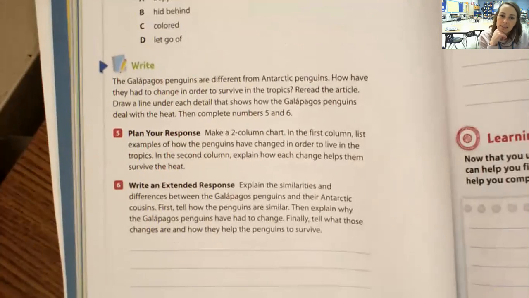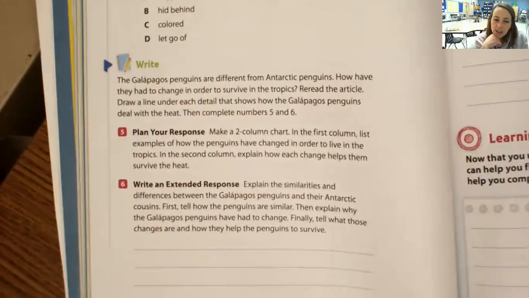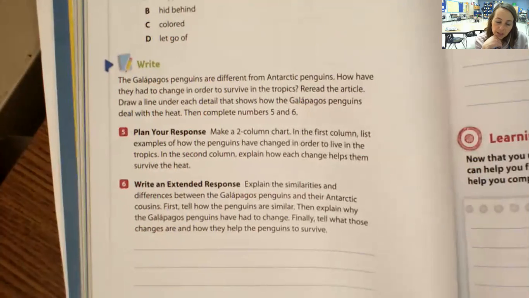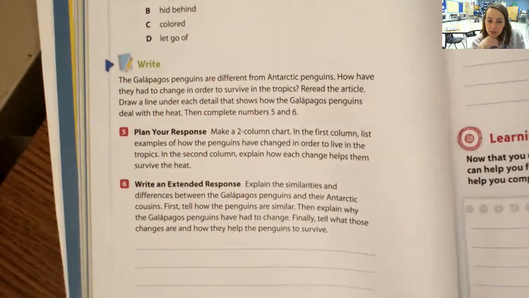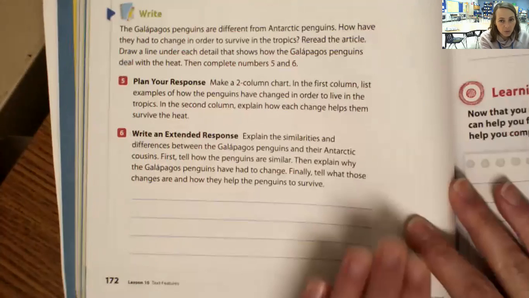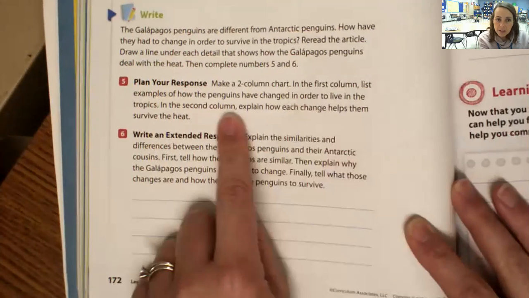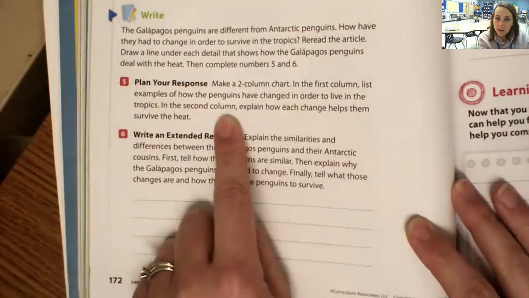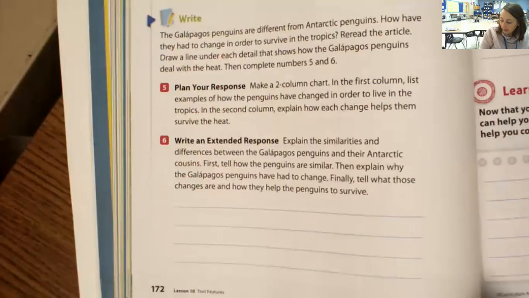It says, explain the similarities and differences between the Galapagos penguins and their Antarctic cousins. First, tell how the penguins are similar, then explain why the Galapagos penguins have had to change. Finally, tell what those changes are and how they help the penguins survive. So this is kind of a long question, and it recommends on number 5 that you plan out your response before you begin writing, okay?